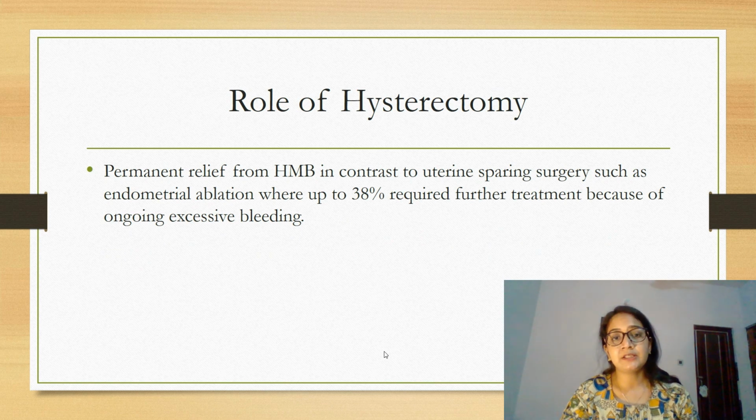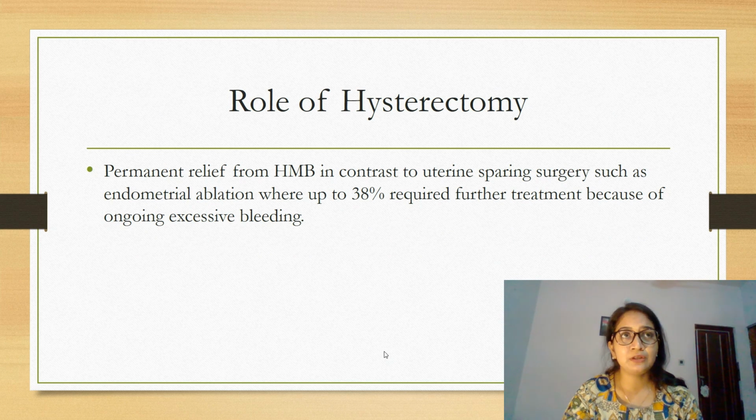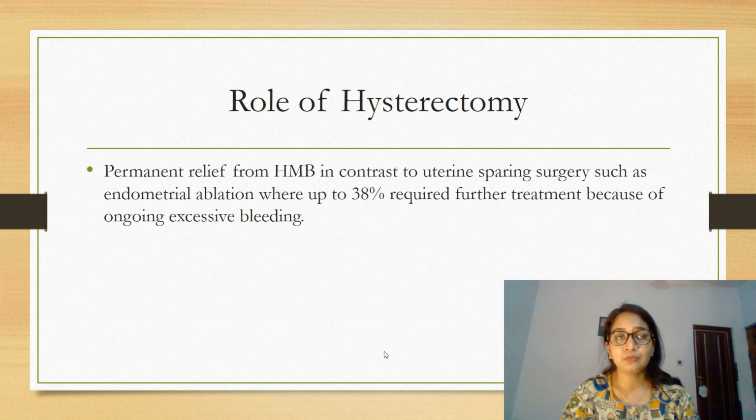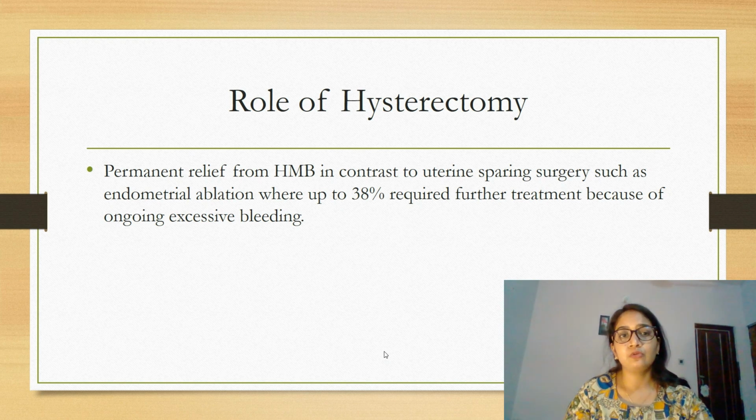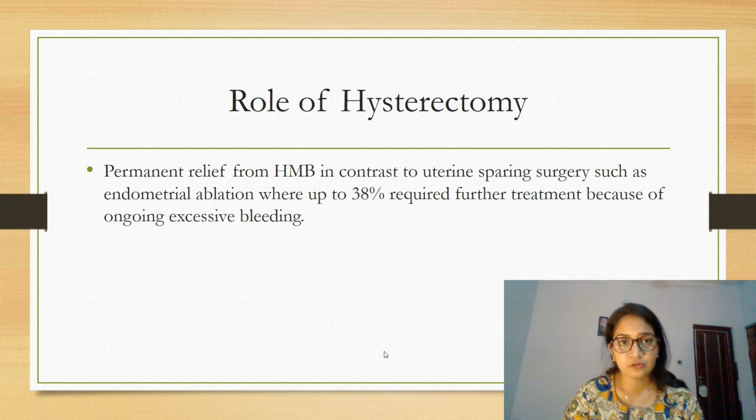And the last modality is hysterectomy. If there is heavy menstrual bleeding not responding to anything and she is landing up with anemia, and also in women who are towards their menopausal age group, hysterectomy is a definite method of choice. For the route of hysterectomy, you can go for laparoscopy, abdominal, or vaginal.